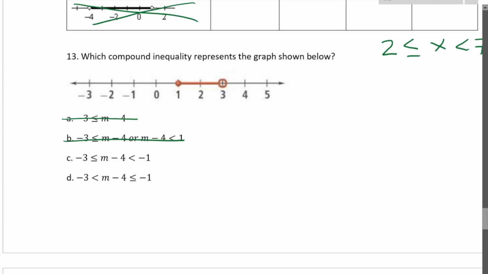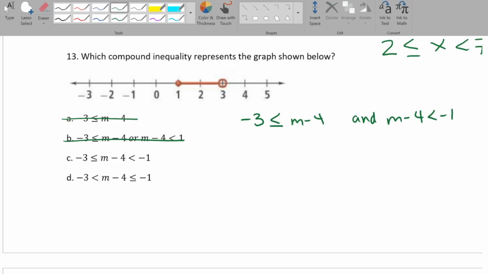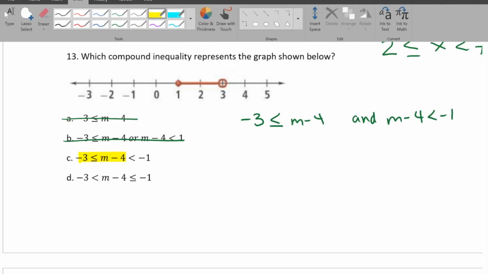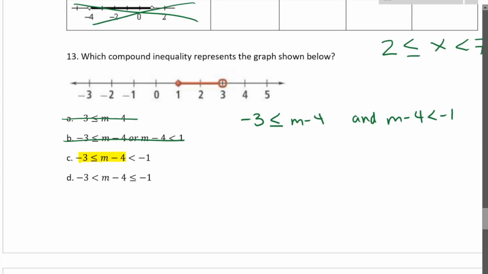I'm going to go ahead and do this a simple way: -3 less than or equal to m minus 4 and m minus 4 is less than -1. So again, all I did was I separated this answer and this answer, and I put it separated. So now let's just solve this really quick.